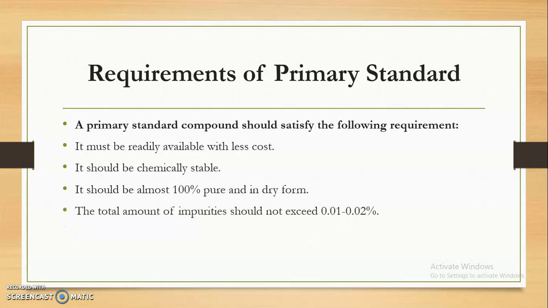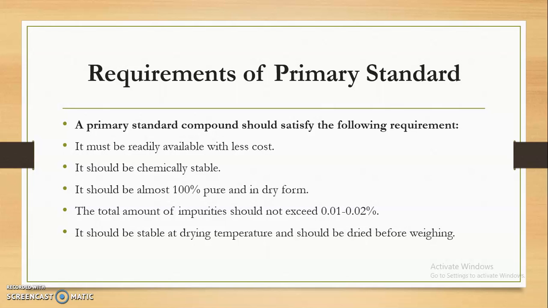The total amount of impurities should not exceed 0.01 to 0.02%. This is the amount of impurities, meaning we can get 99.99% purity for a particular primary standard.